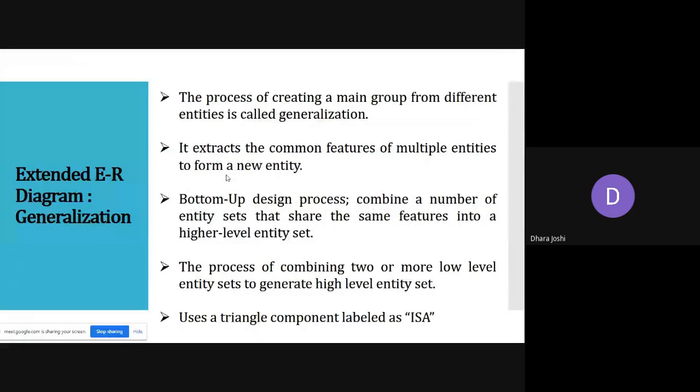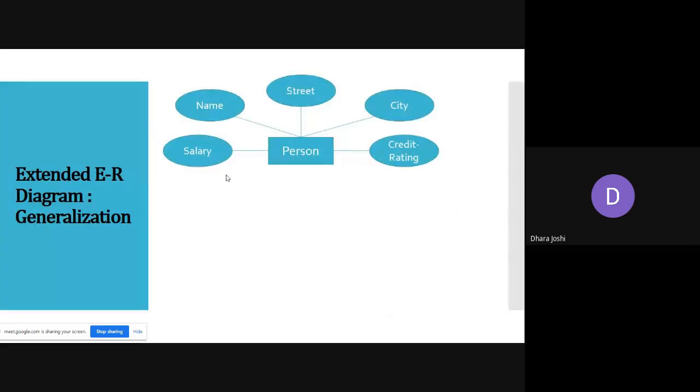Generalization uses a triangle component labeled ISA. Let's take one example. Suppose we have an entity called person. Person has different attributes like salary, name, street, city, and credit rating.